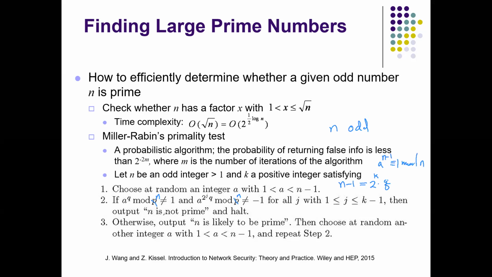If this is true, then we'll say n is not a prime, because when n is a prime, it should have this. Otherwise, we'll output n is likely to be prime. Then you choose another random number and do this again. If you run enough turns and it turns out n is likely to be prime, then we'll say that n is a prime number.